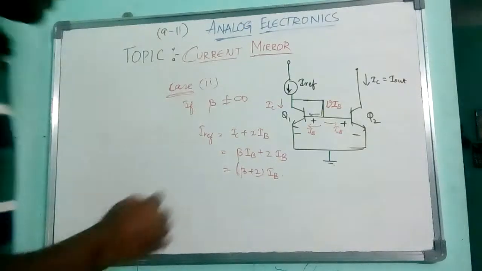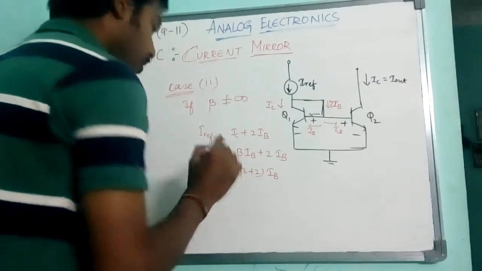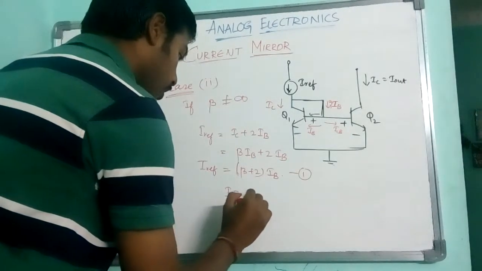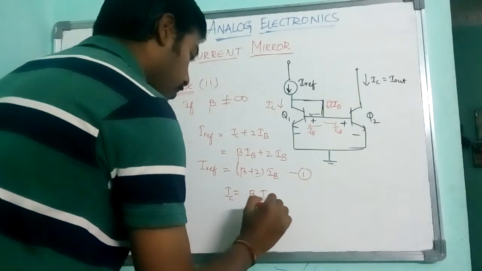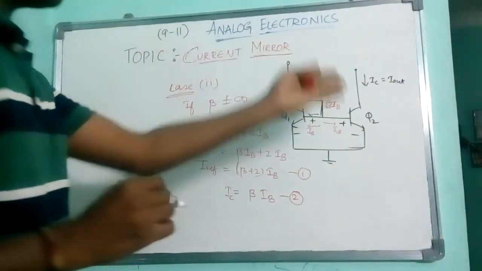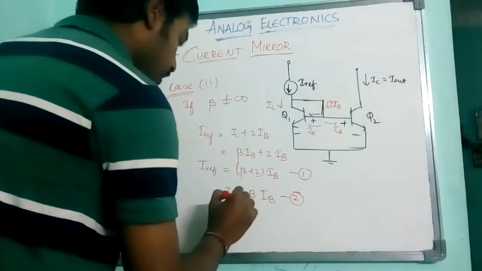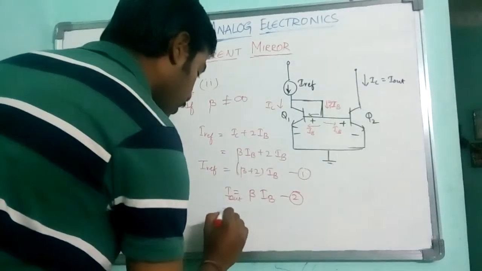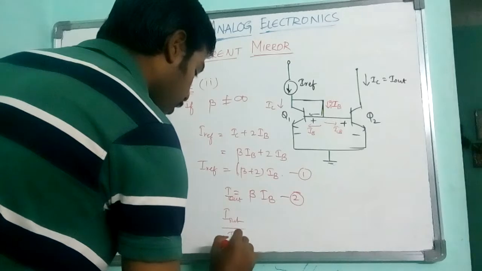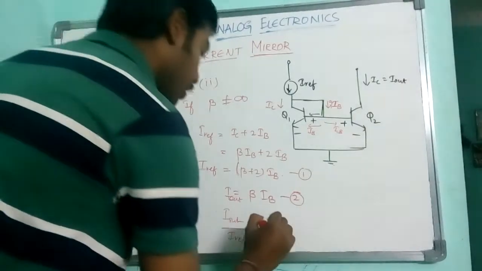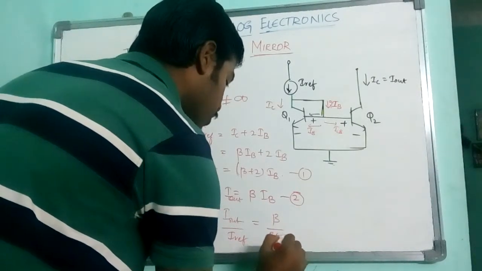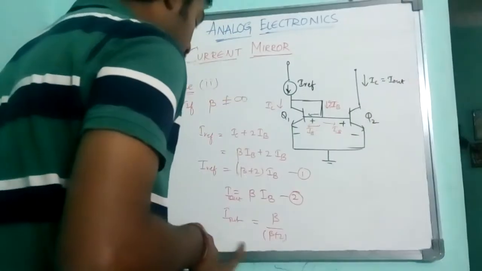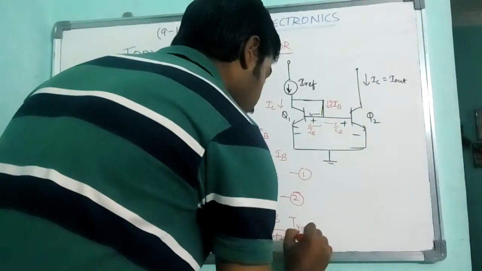Now here, what is IC? Beta IB, for the general circuit. So I'll say this IC is I out. Now divide it. I out by I reference is beta by beta plus 2. Am I right? You send the I reference to that side.